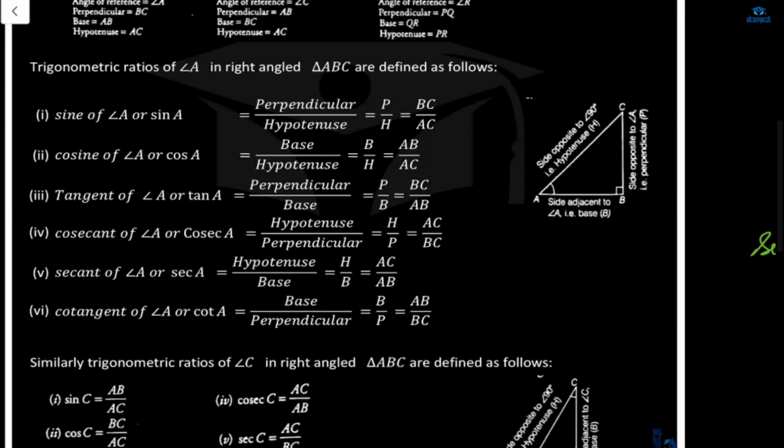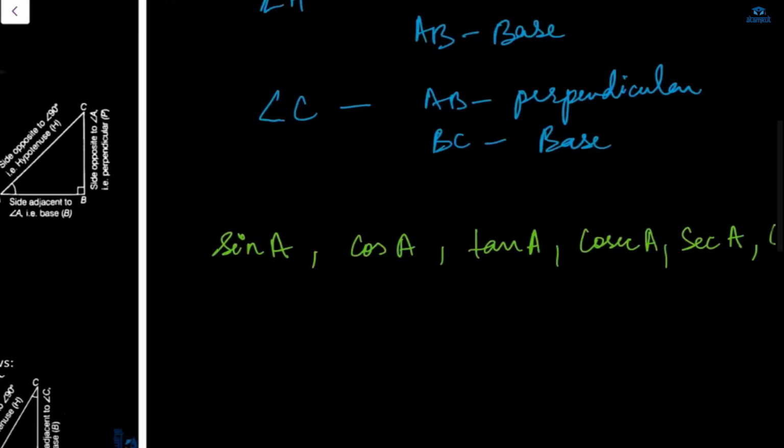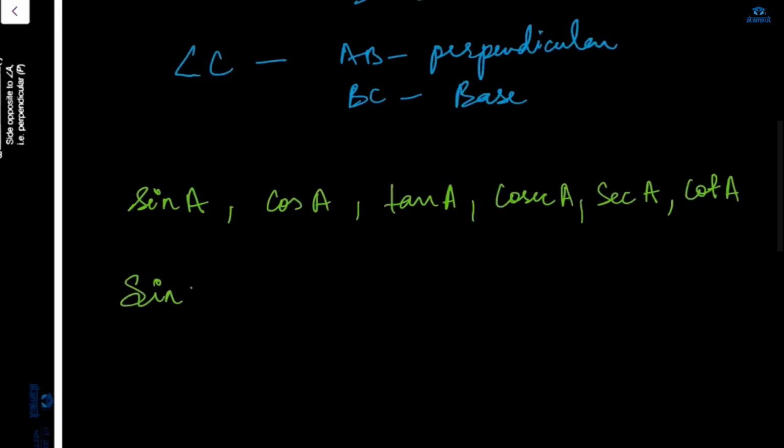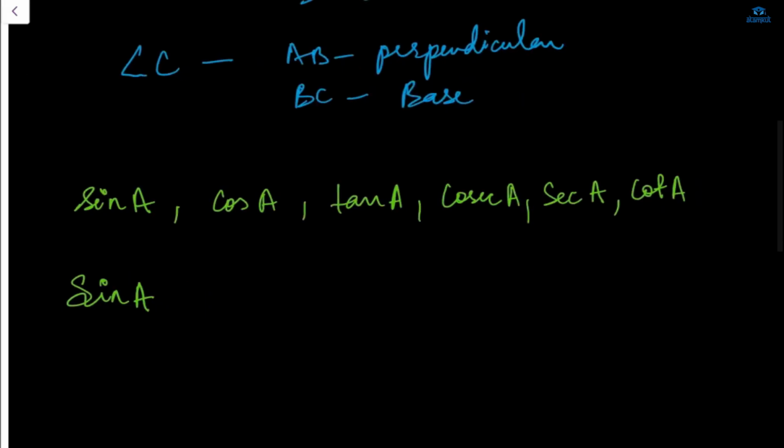Now we should know how to find sine, cos and the others. All these are the 6 trigonometric ratios, and they are the ratios of a triangle's sides. I'm drawing a triangle here.